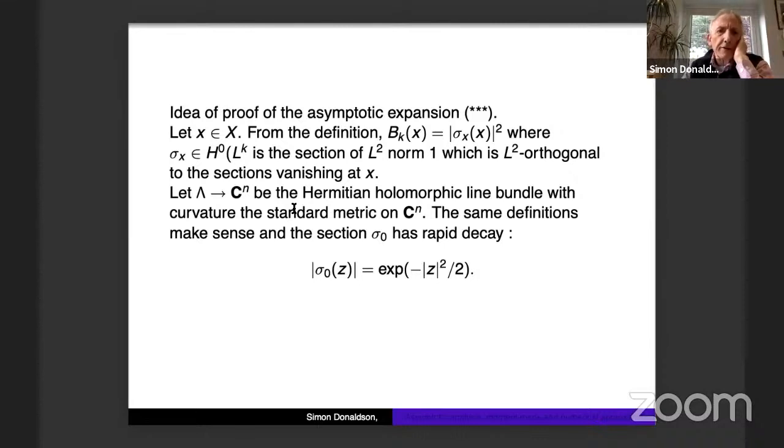Then the same constructions make sense, and this sigma naught, the section associated to the origin, is just essentially this Gaussian function. The norm of sigma naught is this Gaussian function. So the crucial thing is it decays very rapidly at infinity in C^n.